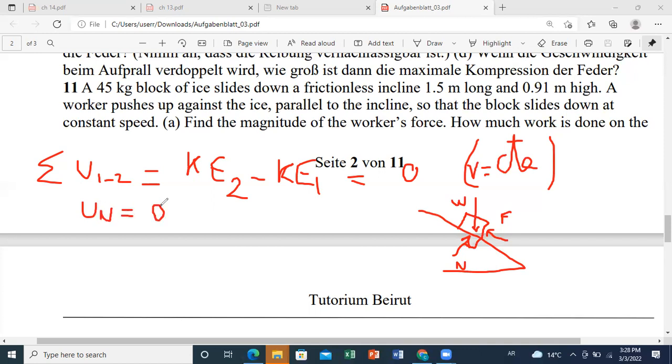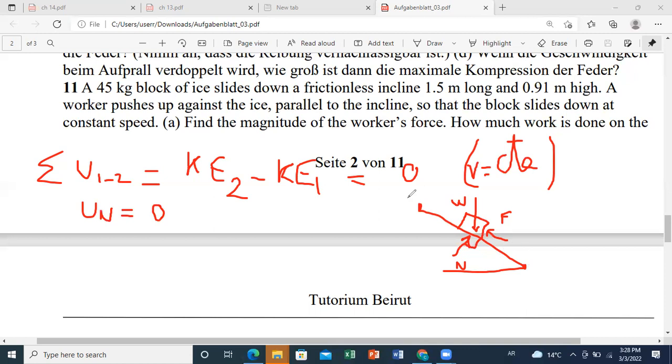Now, if you want to calculate the work of the weight, here they should specify for us the total distance. Since they didn't say anything, we can consider that the block is starting from the upper side to the bottom. So it's moving along the total length.